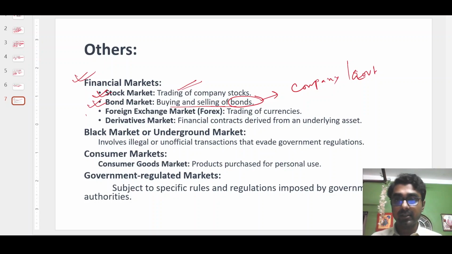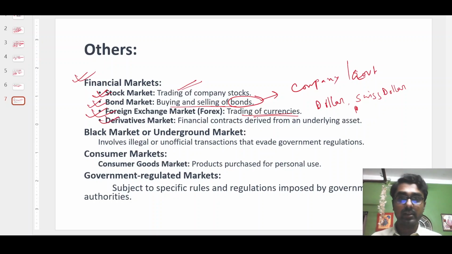The third market is the foreign exchange market or forex market, the trading of currencies. Currencies could be the dollar, the Swiss franc or whatever. You purchase dollars or pounds and later in future you sell them. So that is the trading of currencies, right?